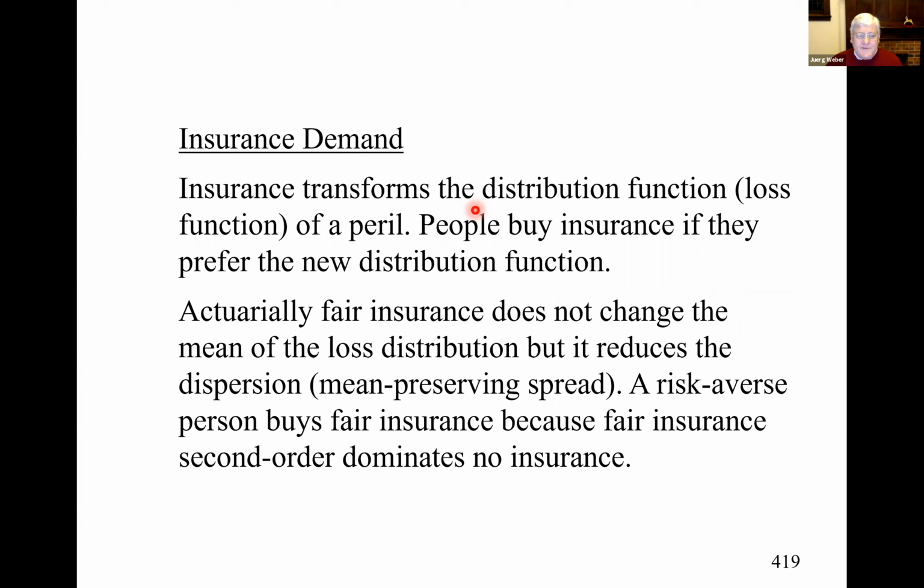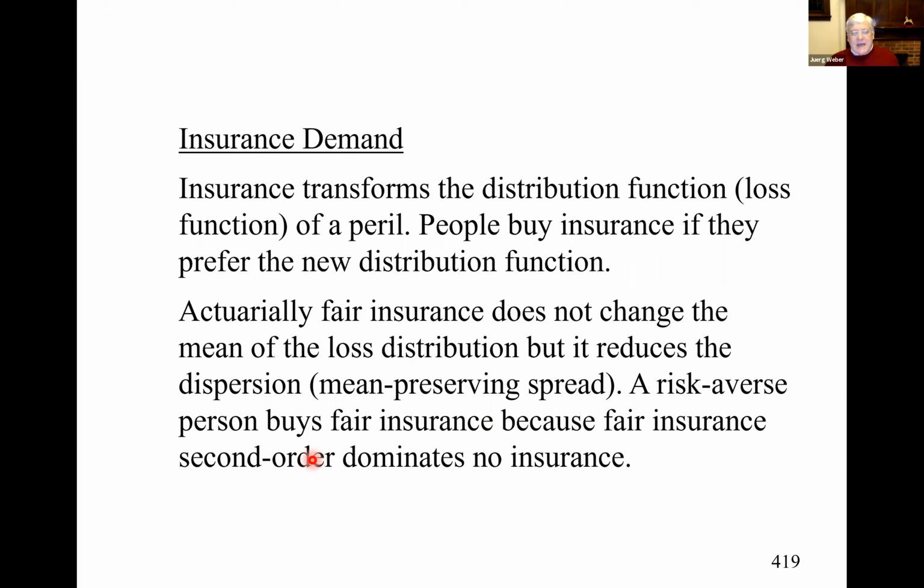Now, actuarially fair insurance does not change the mean of the loss distribution, but it reduces the risk. It reduces dispersion. So that's a mean preserving spread. A risk-averse person buys fair insurance because fair insurance second order dominates no insurance.